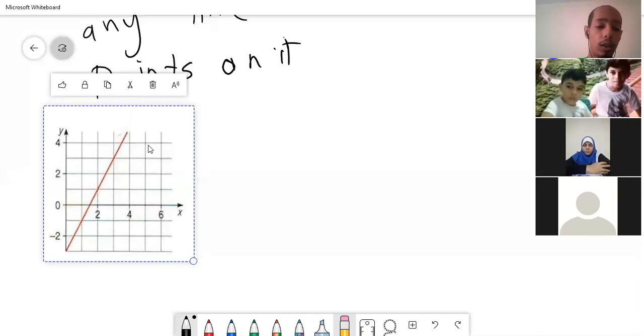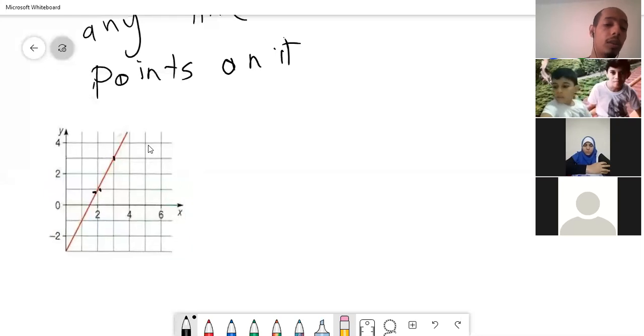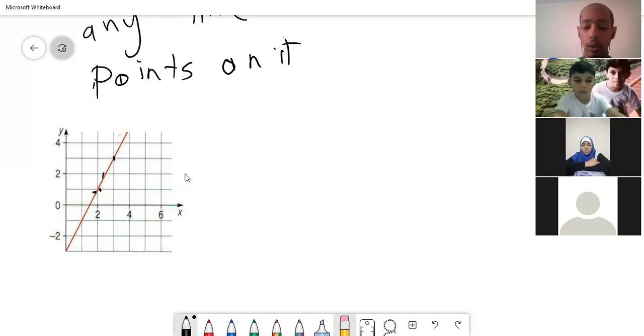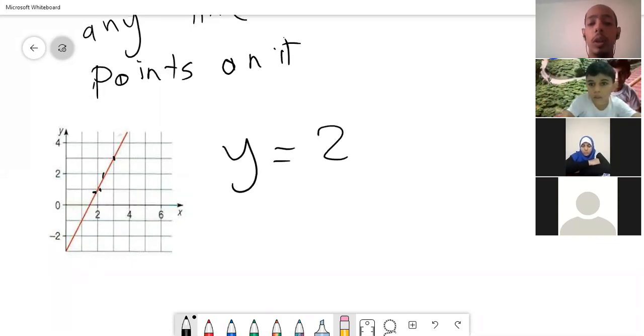We can take some points, and we can derive the rule of the function based on the x and y points. For example, the function of this line is y equals x minus 3. This is the function of this line.